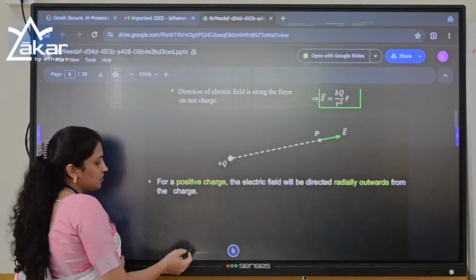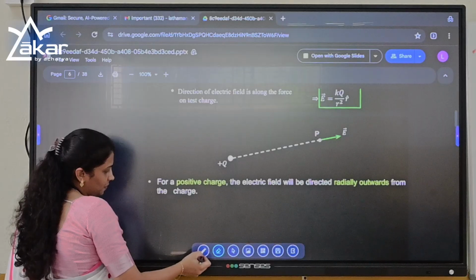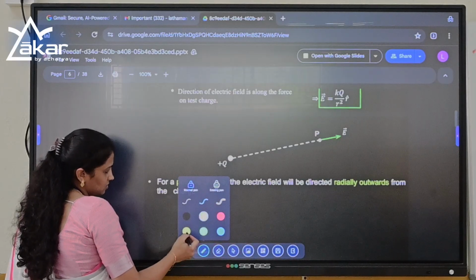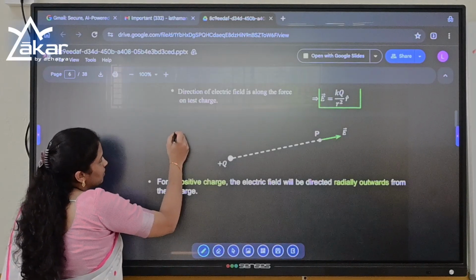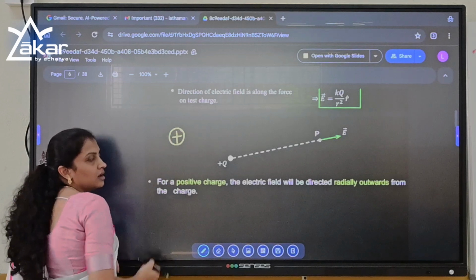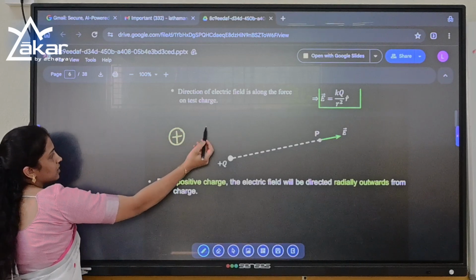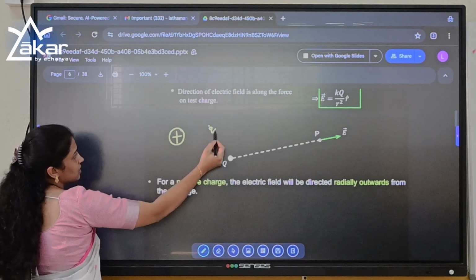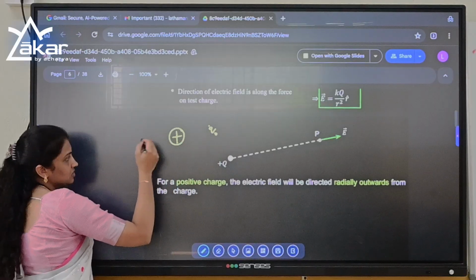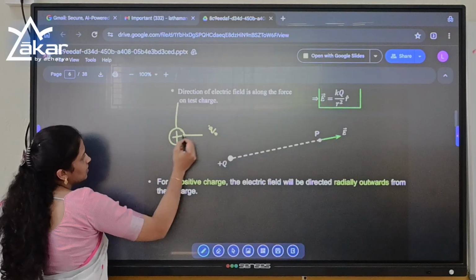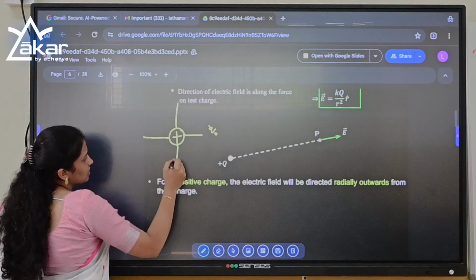Why is it radially outwards? So you can take the positive charge and take the test charge Q naught near to the positive charge. Then the direction is always outward.